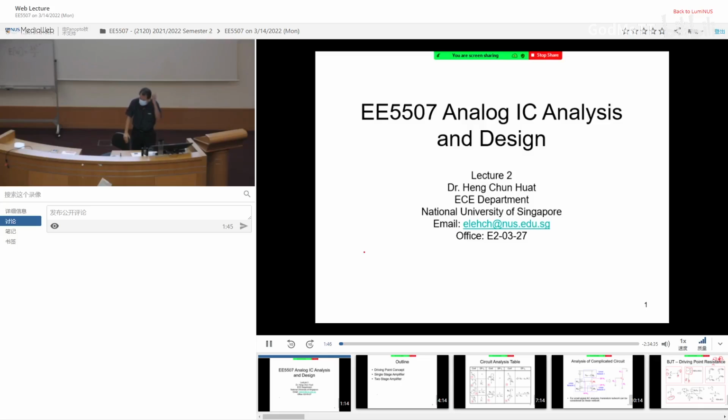Now, the first lecture, we talked about IC design in general. More importantly, we talked about the device. We also talked about the matching concept. In fact, during the workshop, you probably have experienced something called offset. We simulated how to estimate the offset for op-amp.